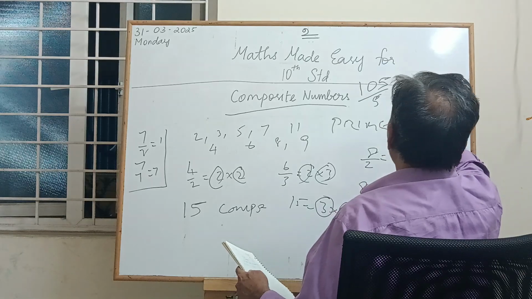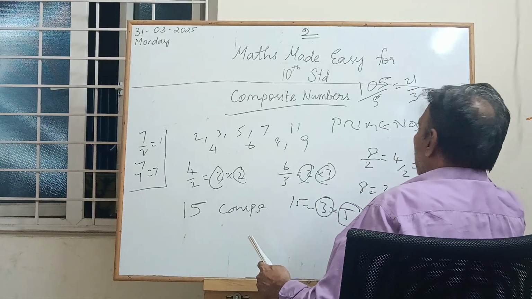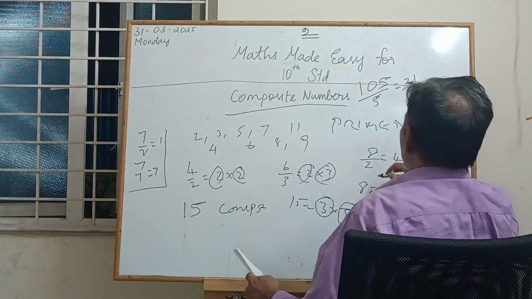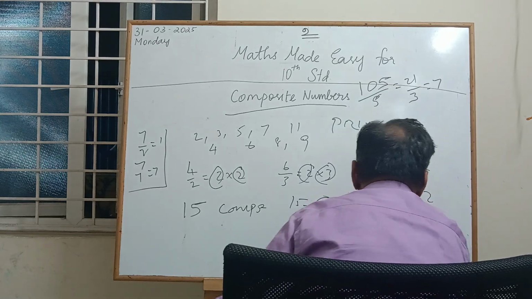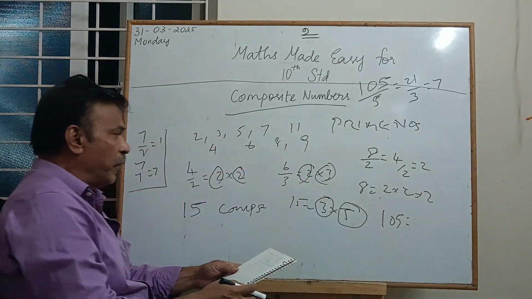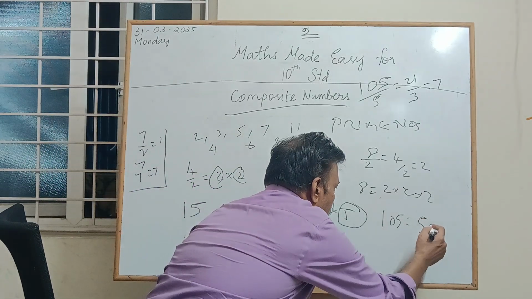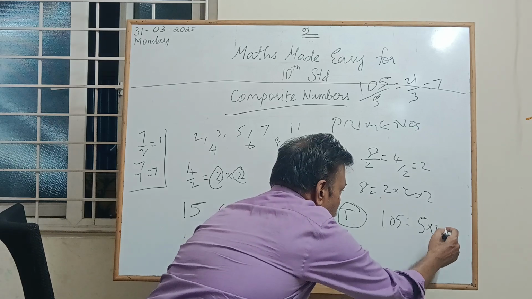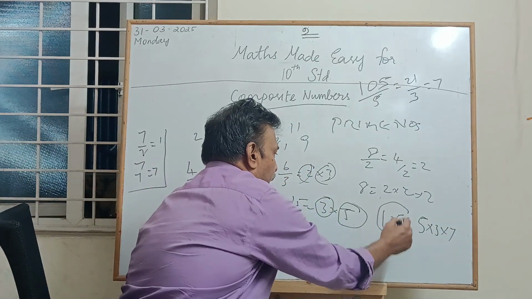Again 21 can be divided by 3, so this is 7. So now 105 equals 5 into 3 into 7. So this is a composite number, 105.